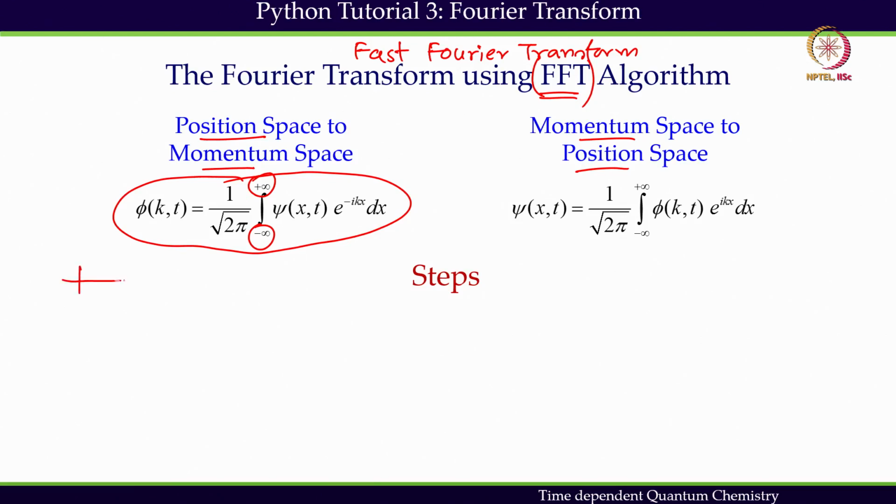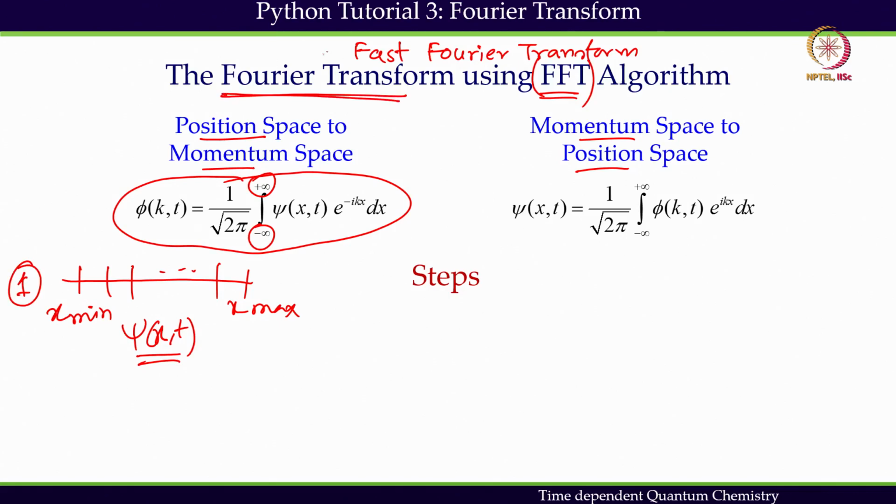So in the finite domain, we will say that x has a minimum value and x has a maximum value, and this is the grid which we create first, and on this grid we will represent psi x t, and we know how to represent this psi x t in the position space. So this is step number 1, how we are going to perform this Fourier transform with the help of the fast Fourier transform algorithm.